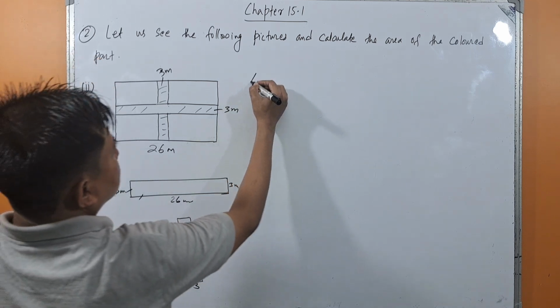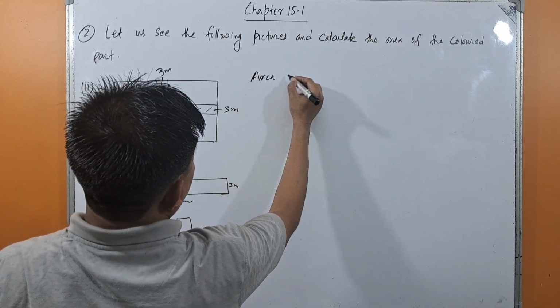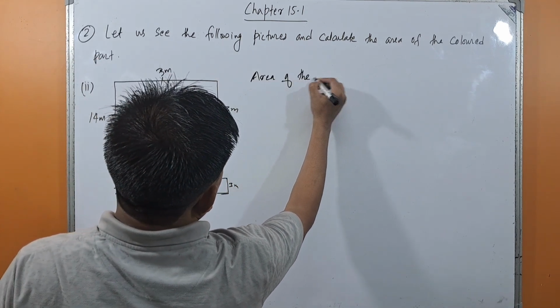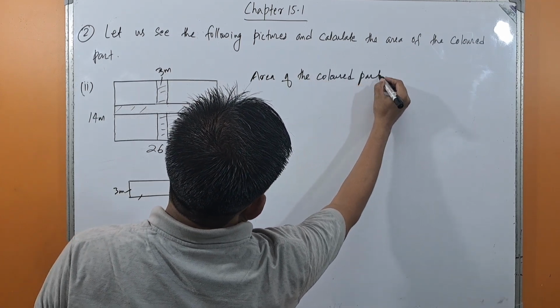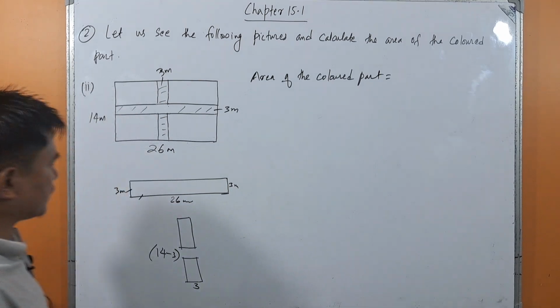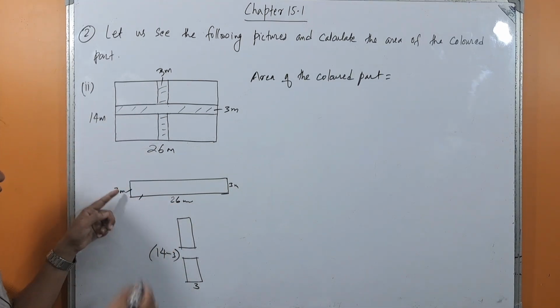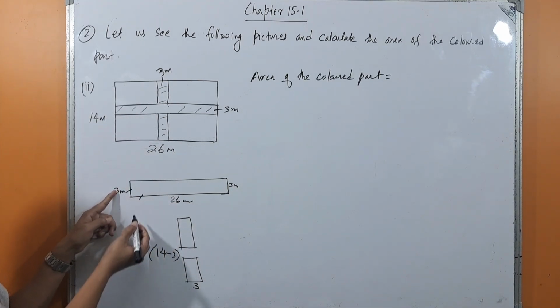So area of the colored part will be, I hope you are getting me, equal to, first let us write the area of this figure. We multiply the adjacent sides, 3 into 26.